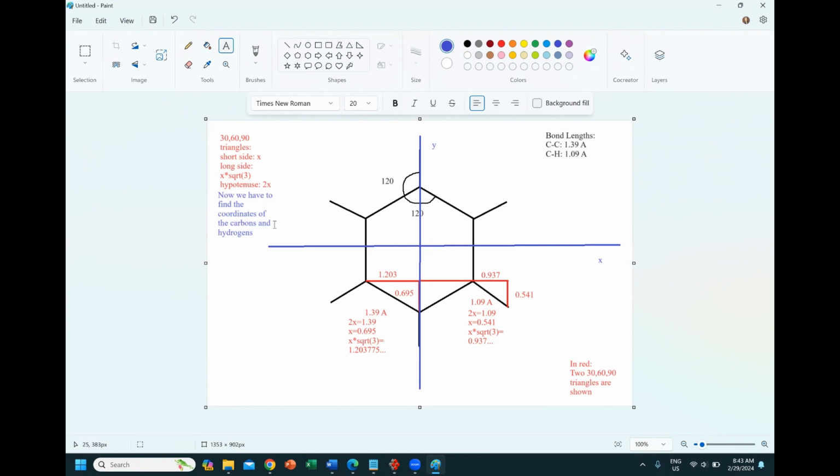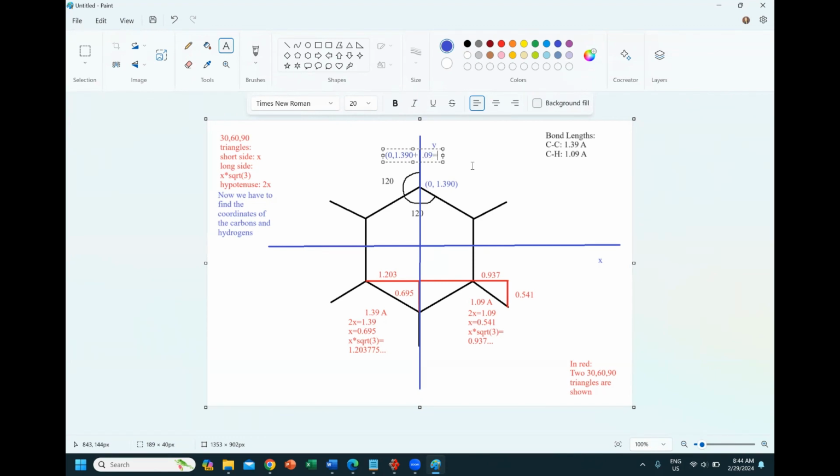All right, now because we know the height of this is 1.39. No, it's not. I lied to you. Yes, it is. I forgot how I calculated that. So you guys are going to have to figure that one out on your own. But I figure from the 30, 60, 90 little tricks, you'll be able to do it. Then here we just add the 1.39 to the length of the CH bond.